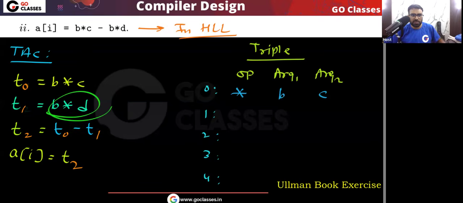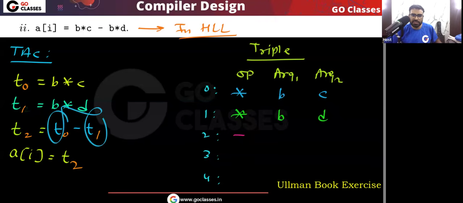For the next one, the operator is multiplication and the arguments are b comma d. For the next, the operator is subtraction, and the arguments are t0, t1, but remember t0 means position 0 and t1 means position 1.